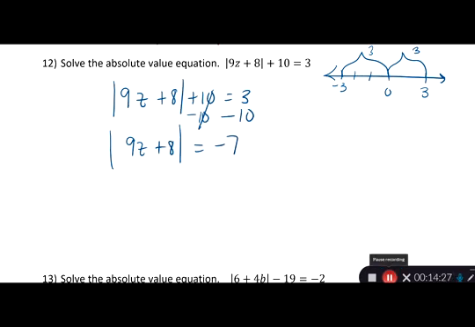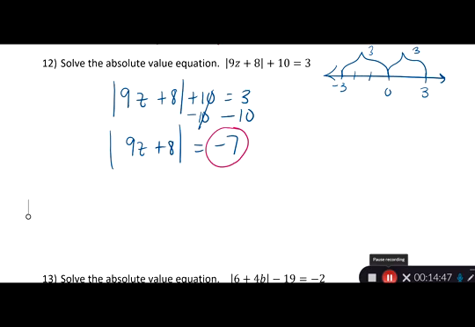So hopefully you're saying, wait, an absolute value cannot equal a negative number. Exactly. Right now, before we had an absolute value plus something equals a positive number, so it looked like it was going to be okay. But once we moved this 10, now we got an absolute value equals a negative number.